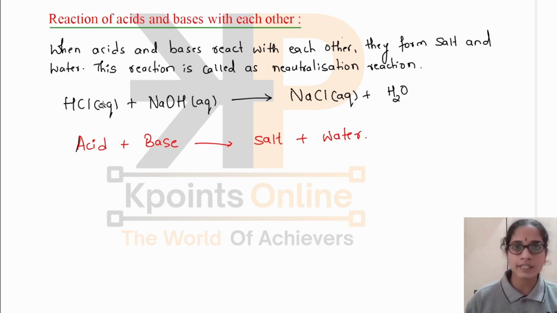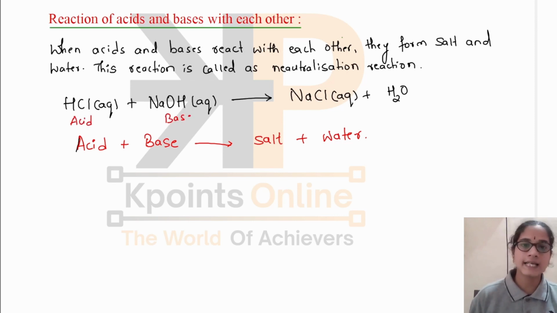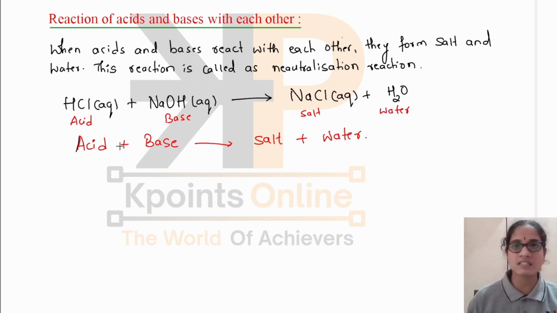The H plus ions are coming from the acid, and the OH minus ions of water are coming from the base. This is acid, base. They have formed salt and water. This particular reaction, where acids and bases react with each other to form salt and water, is called a neutralization reaction, because here both of them nullify the effect of each other.